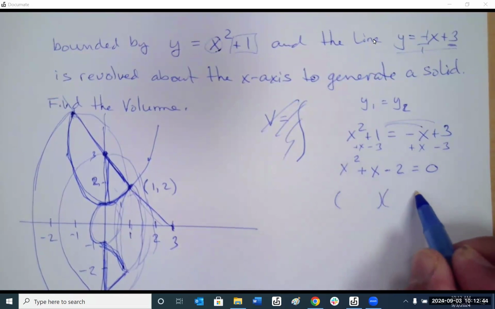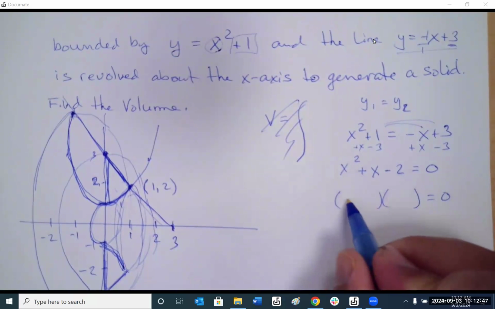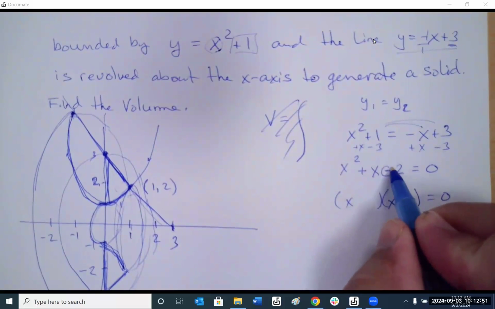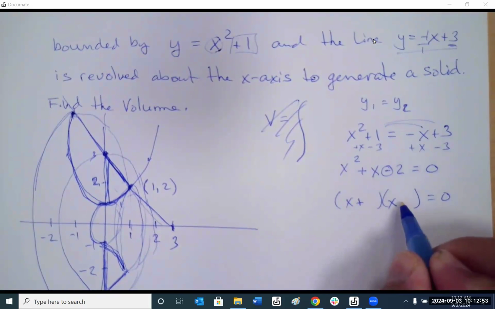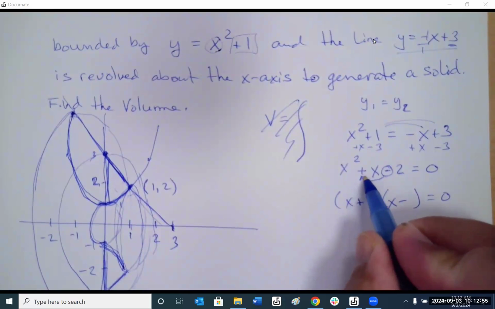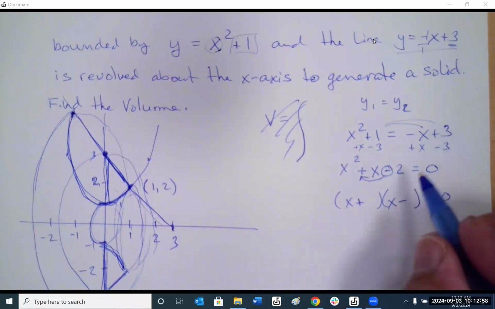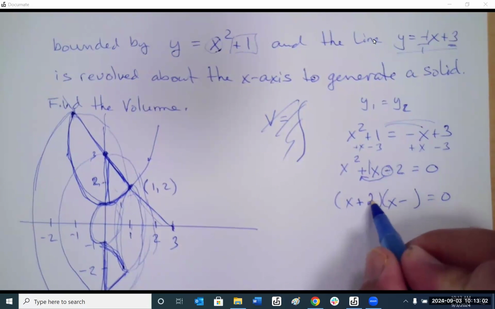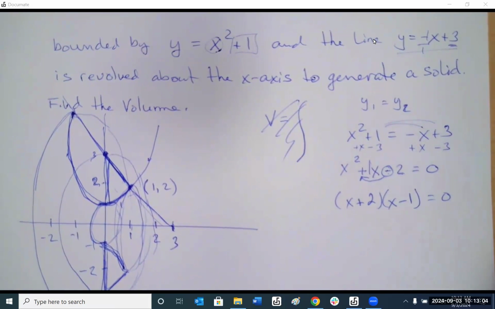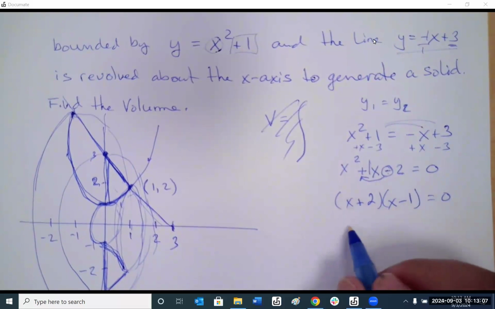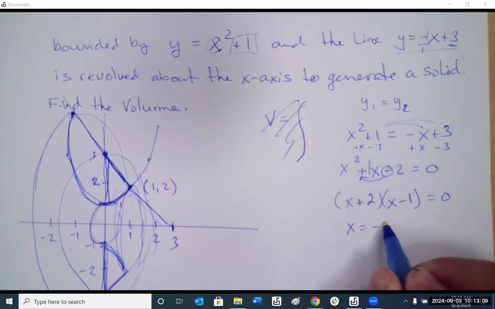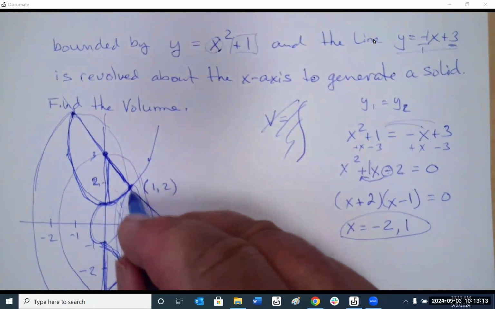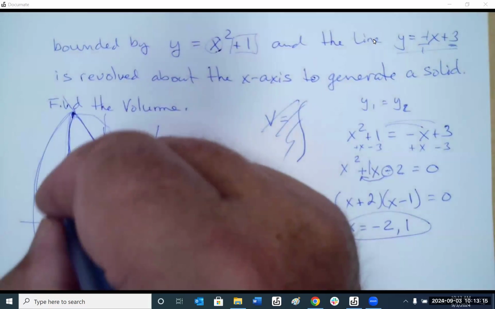Now we can factor it. The signs are opposite, and the bigger number gets the plus. What times what is 2? When you subtract them, you get 1. 2 times 1. So our x-intercepts are at -2 and +1.